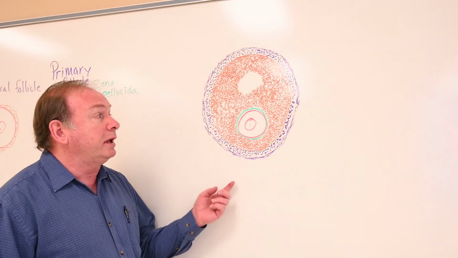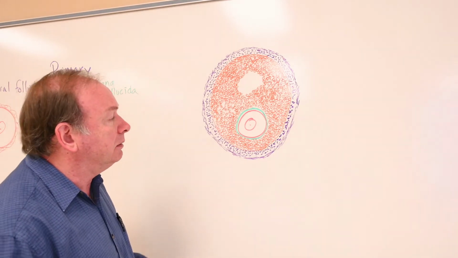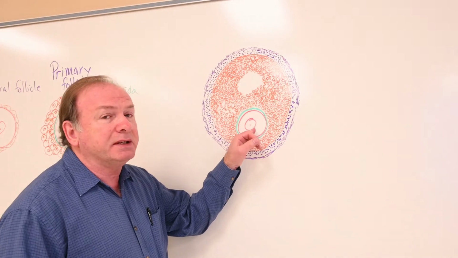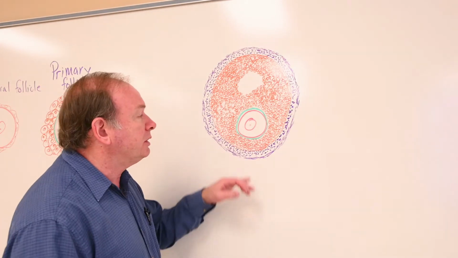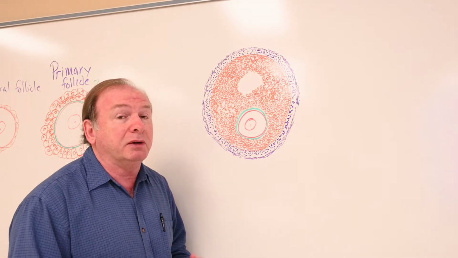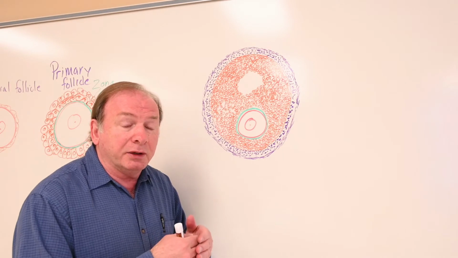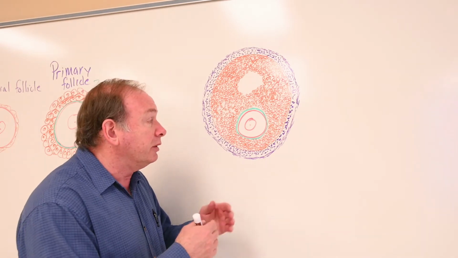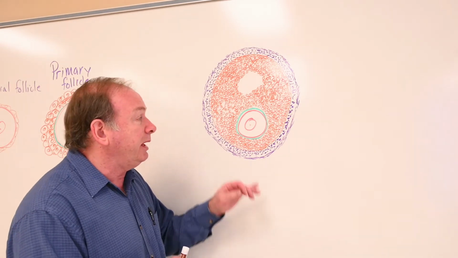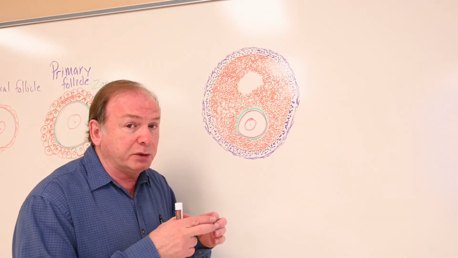Okay, now here we are looking at what we call a secondary follicle. In the secondary follicle, one important thing is that this primary oocyte is no longer a primary oocyte. It's gone through its first meiotic division. When the egg cell, the oocyte, undergoes its division, it does not undergo an equal division of the cytoplasm. Most of the cytoplasm stays with only one of the two cells.